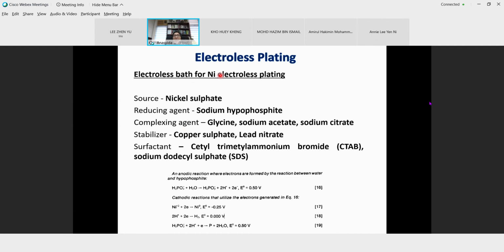You can find out later if you work in the electronics industry, especially in subcontract manufacturing, like Jabil, Celestica, Flex, Sanmina, and so on. Sometimes you have problems with wettability.